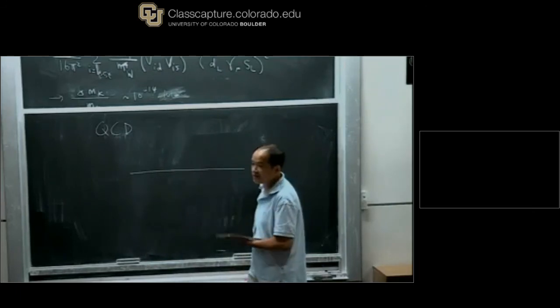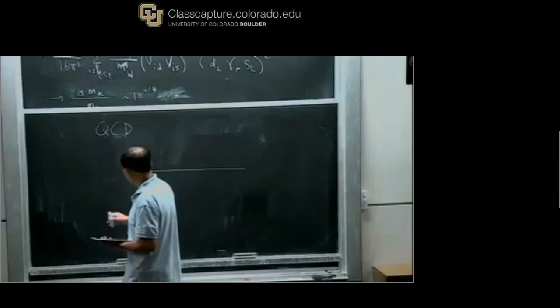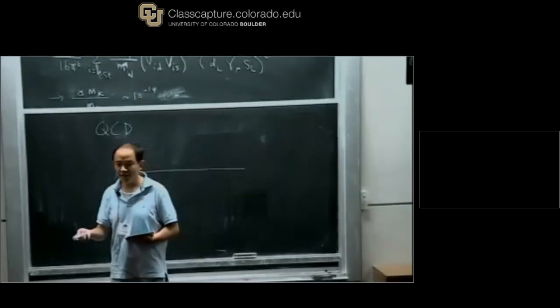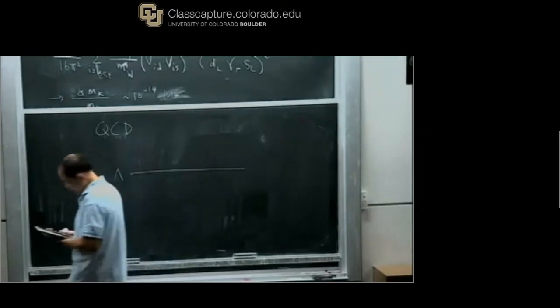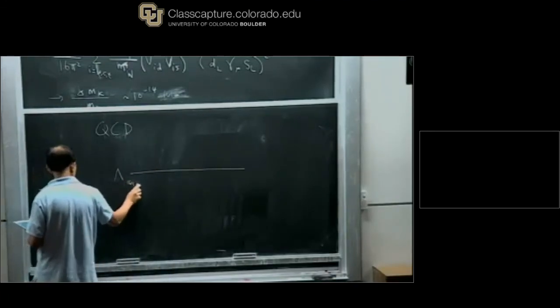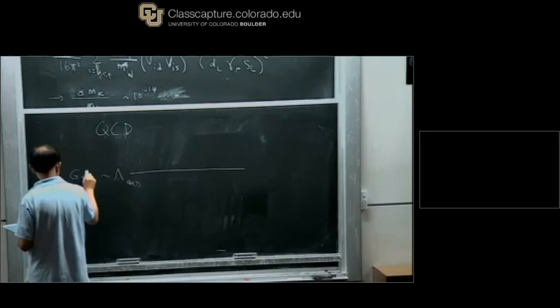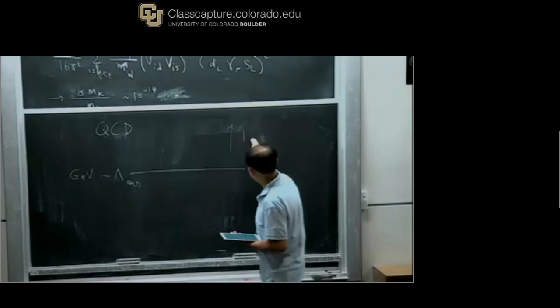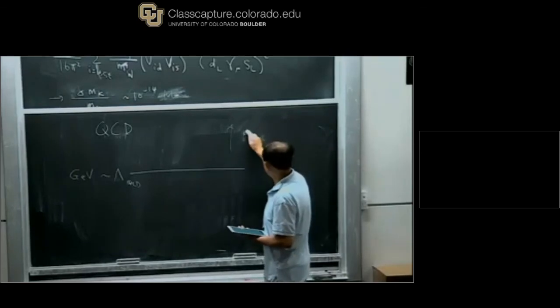What's interesting about QCD is that there is a scale where a phase transition happens. That scale, which is called lambda QCD, is about a GeV. Above that, I have a series of quarks and gluons.